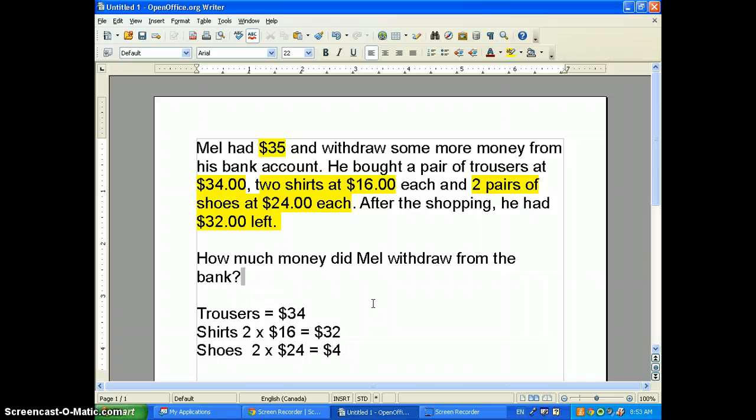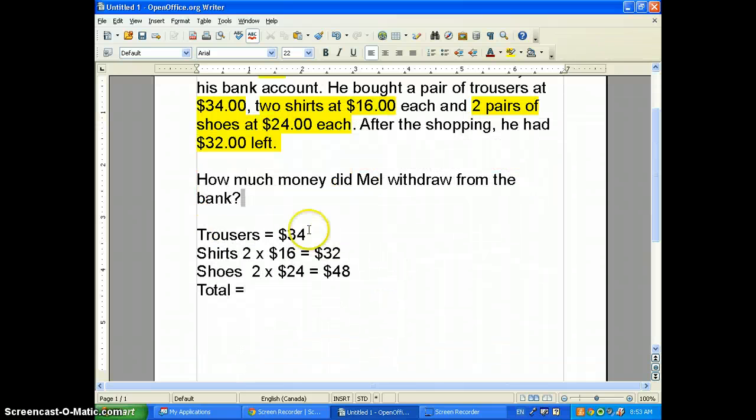Good. So that's how much money he spent. 34, 32, and 48. We've got to add those up now. So the total would be, well, let's find out. 34 plus 32 plus 48.